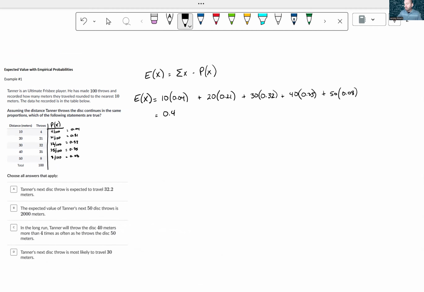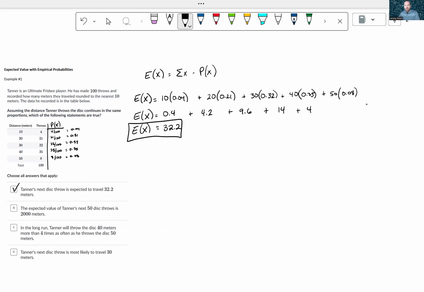We get 0.4 plus 4.2 plus 9.6 plus 14 plus 4. And once we add all those together, we get the expected value of one throw is equal to 32.2. Okay, so we can say that A is true. That is our expected value, 32.2 meters.